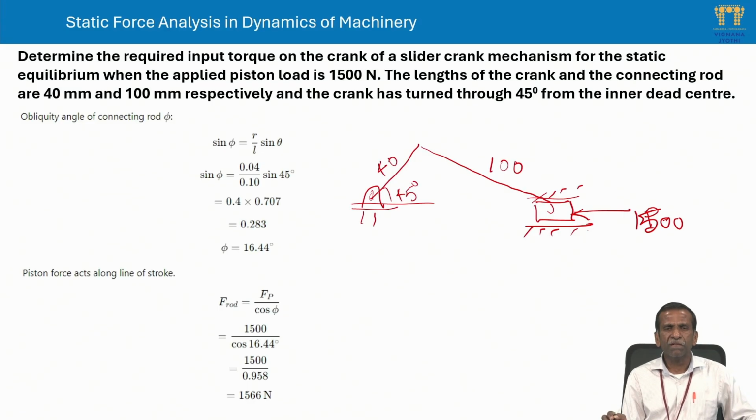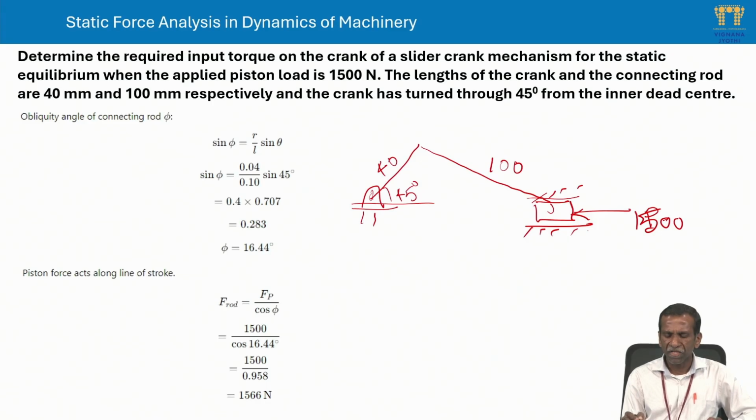In this problem, we need to find the input torque required to rotate the crank so that the system maintains static equilibrium. Coming to the solution of the problem, we can use either way: apply direct relations, or draw the configuration diagram.